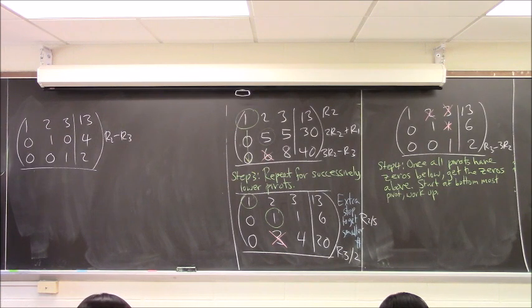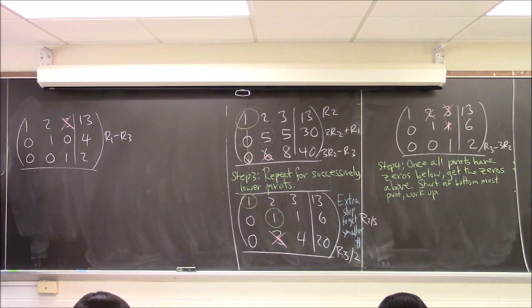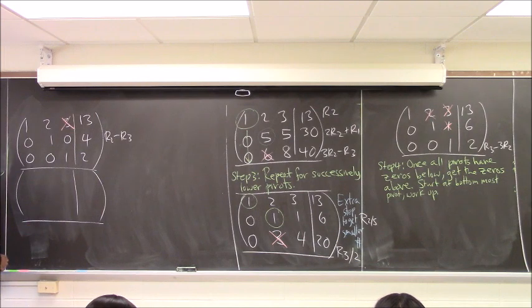So now that's done. Let's focus on the 3. I want to make the bottommost pivot comfortable. So it needs to be the only nonzero in its column. That's the rule. How do I fix that situation? Row 1 minus 3 times row 3.